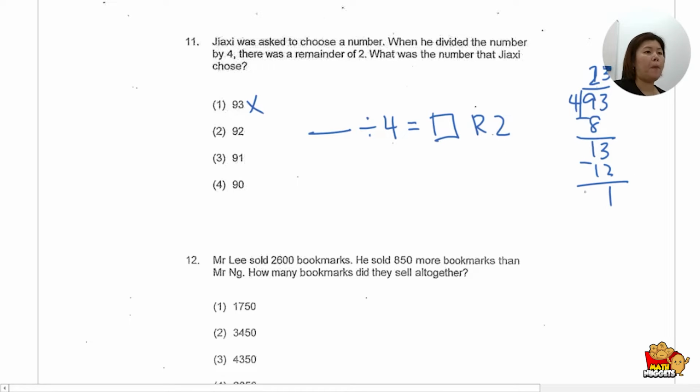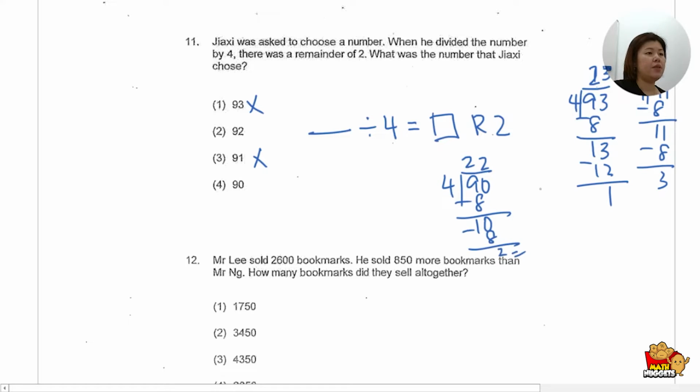So this is out. Let me pick another one, 91. I have remainder 3. It's out too. Let me try 90. Yes, remainder 2. Answer number 4.